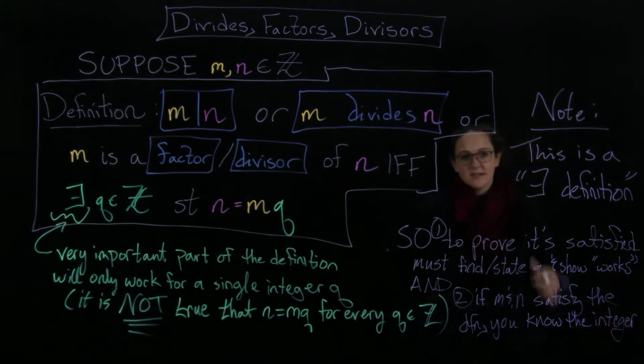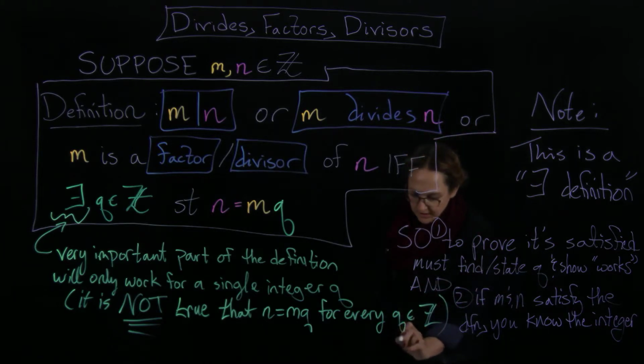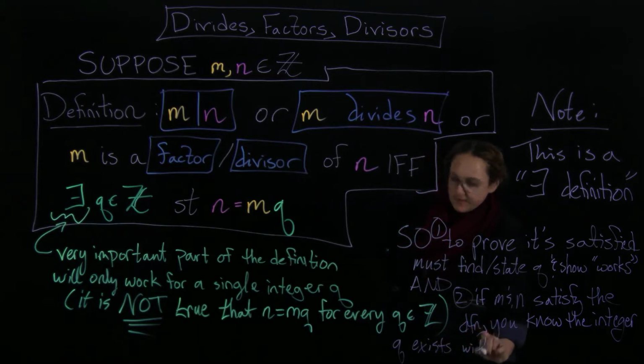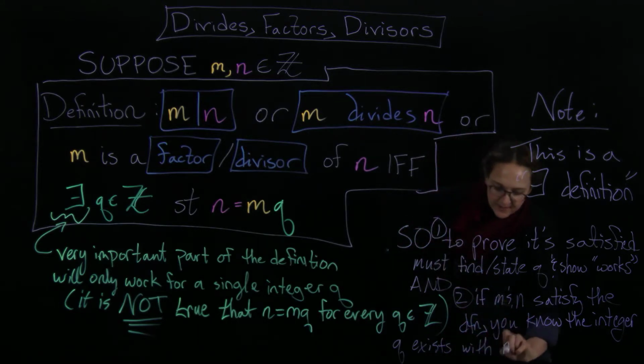You know it exists and you can use it. The integer q exists with this n equals m times q.